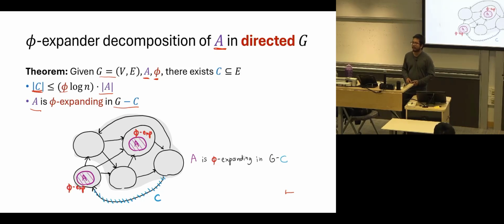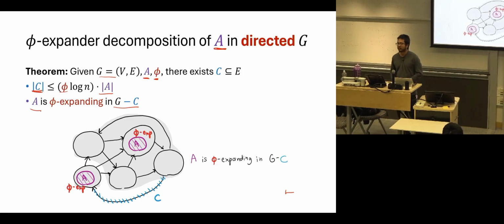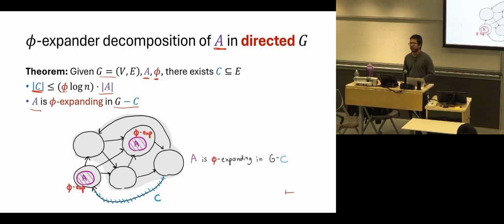Just, if there's a sparse cut, remove the edges in it, and then repeat until there's no sparse cut. Once there is no sparse cut, it's expanding. So just keep finding a sparse cut, cut it. Once there's no sparse cut, by definition, it's expanding.